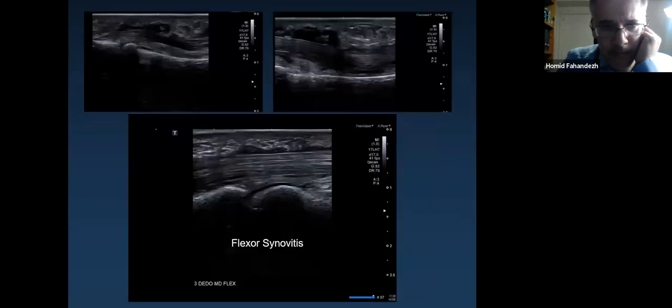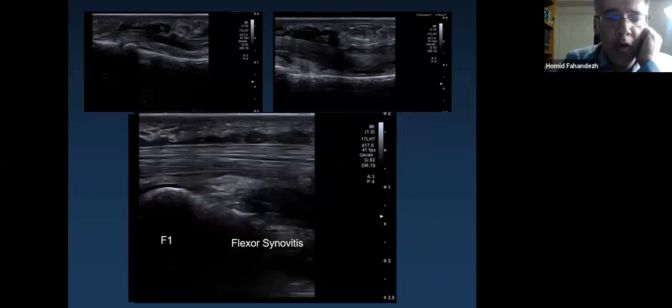When we perform the ultrasound, we can see very well the tenosynovitis in the flexor tendons, all the way along the synovial area where the flexor is covered, showing very well even the areas where the pulleys end.